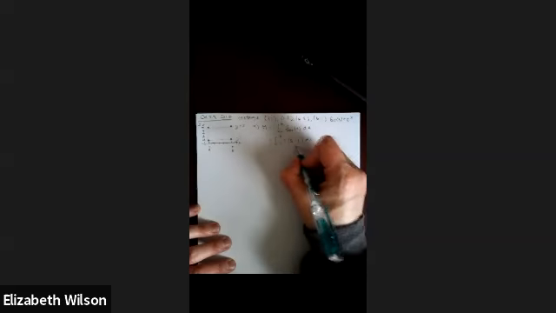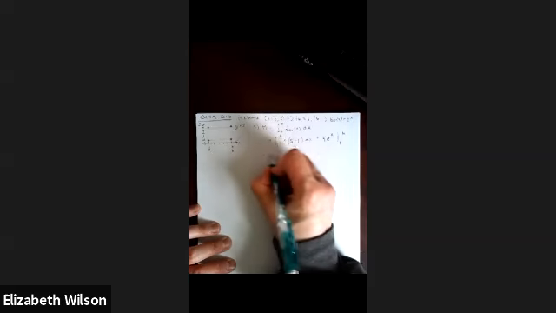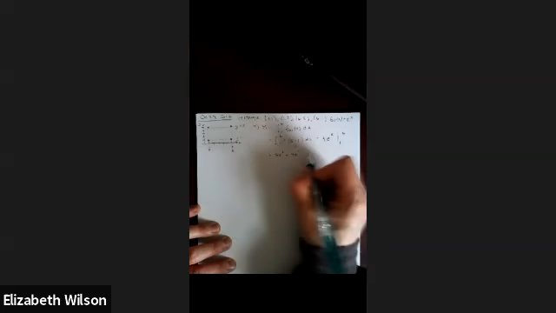So this is 4e to the x, and I'm going from 1 to 6. Now when I evaluate this, I get 4e to the 6 minus 4e to the 1. Okay, and this is my mass for this structure, this area right there.